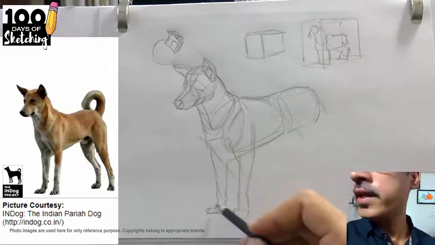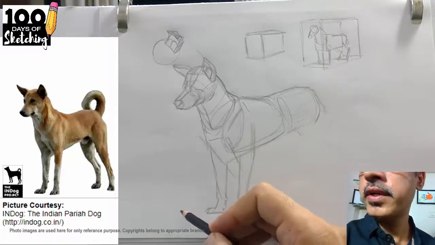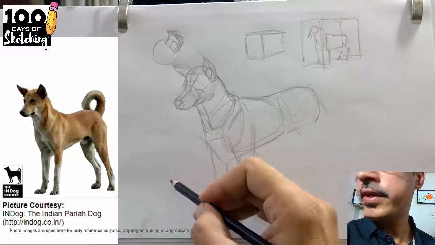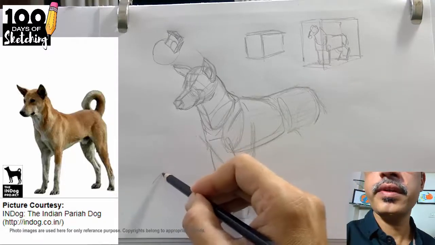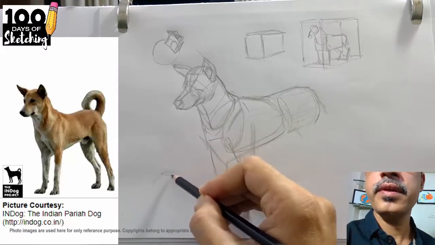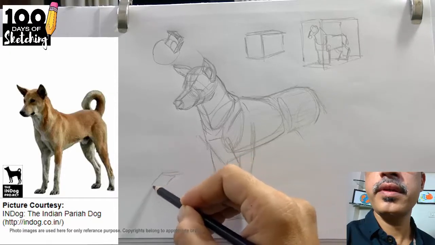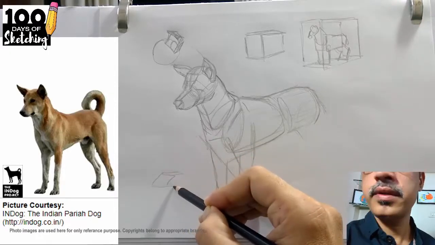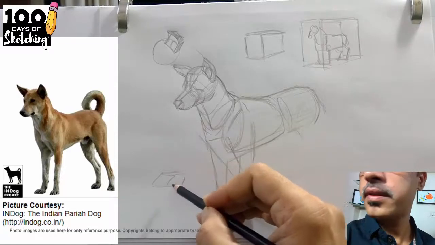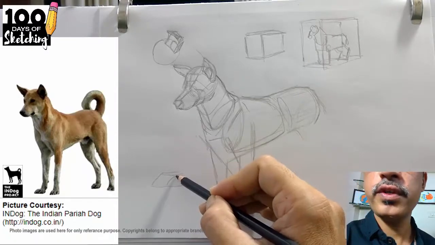So the foot is also very interesting. This is the dimension of the foot.